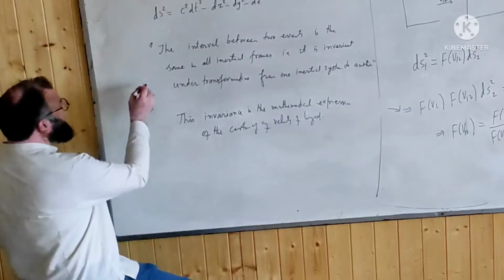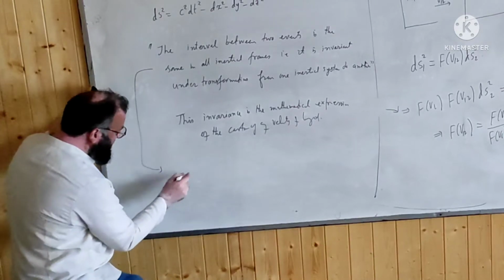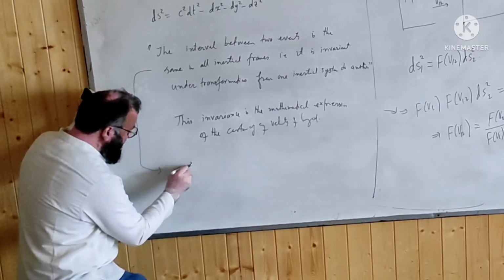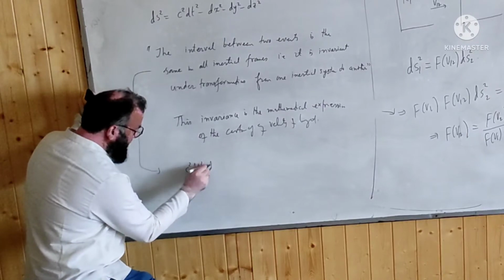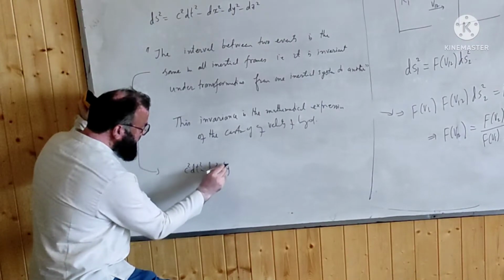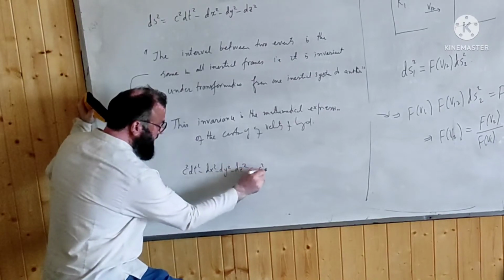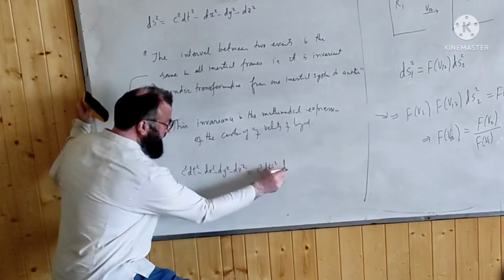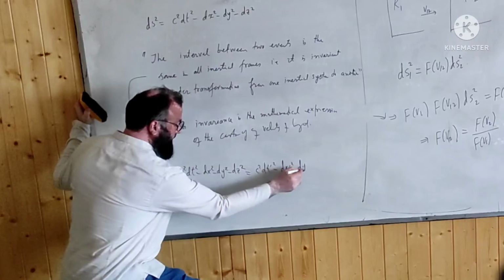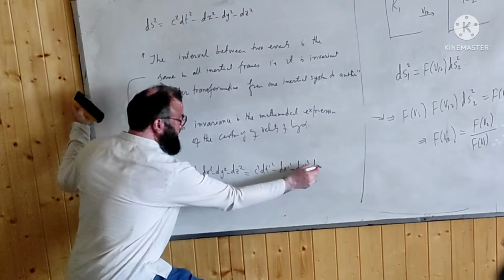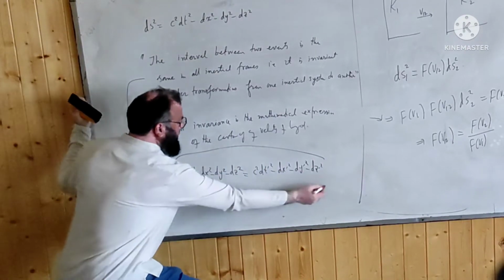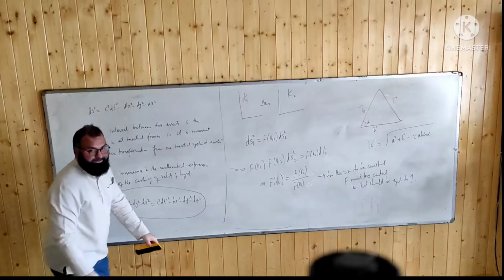So this very statement means that ds square, so it means c square dt square minus dx square minus dy square in one frame is the same as c square dt prime square minus dx prime square minus dy prime square. So it is this very statement.